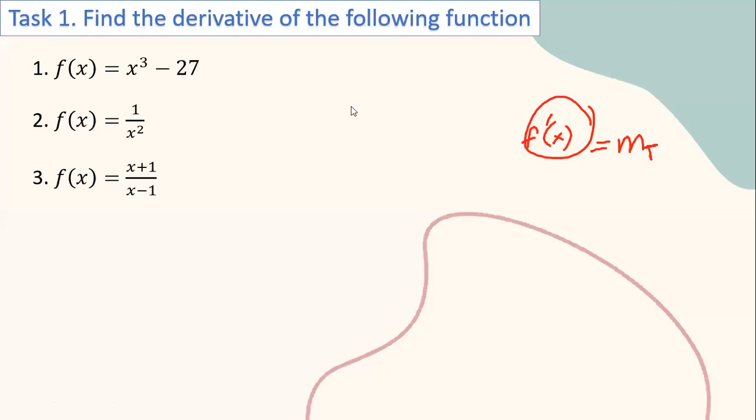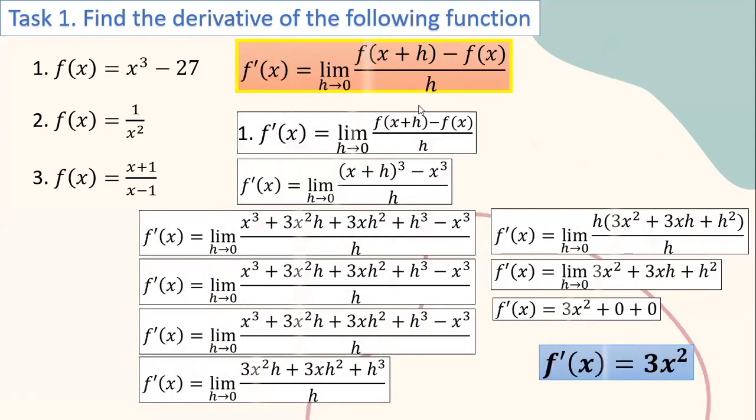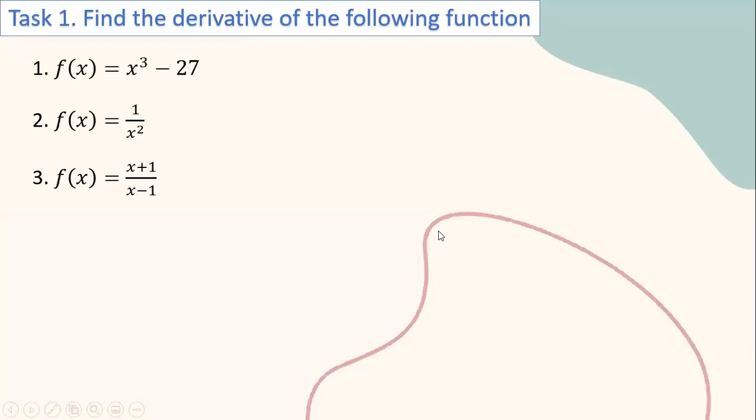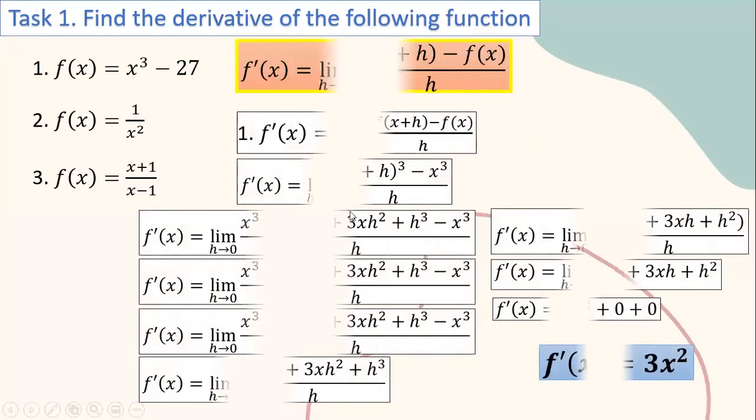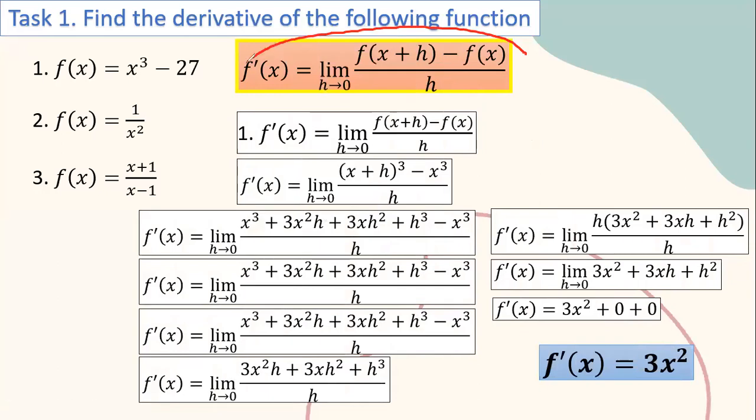Okay, so now let us recall. So find the derivative of the following function. So derivative, pag walang given na point, we have to use the formula f prime of x is equal to the limit of f of x plus h minus f of x over h as h approaches 0.